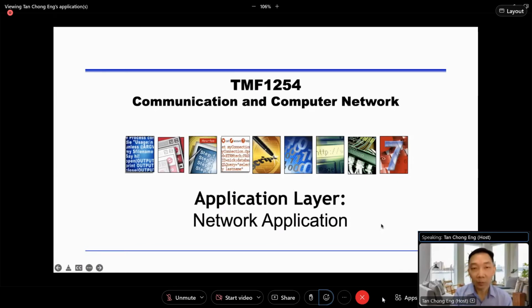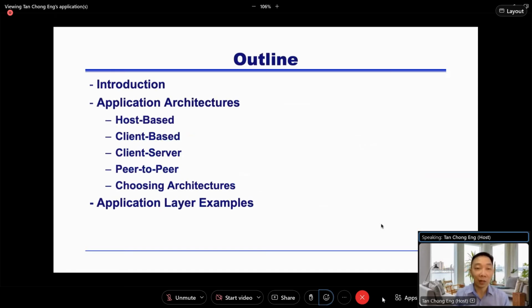Okay, network application. So let's look at what we have. It's very much software programs that you can see, that you can interact with. Examples of network applications: your web browser, like your Chrome, your Firefox, your Microsoft Edge. Your Outlook mail client is a network application. Those are network applications sitting in this layer.